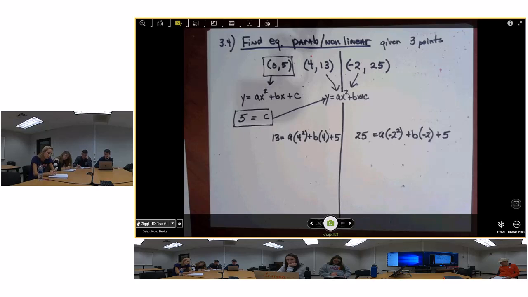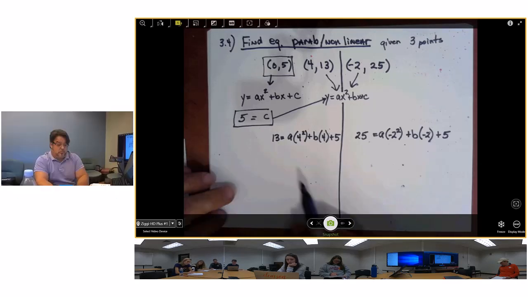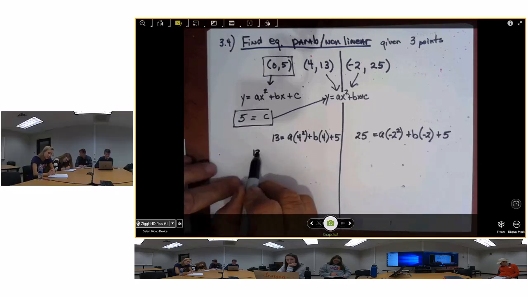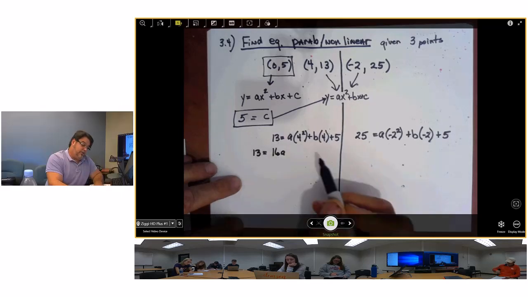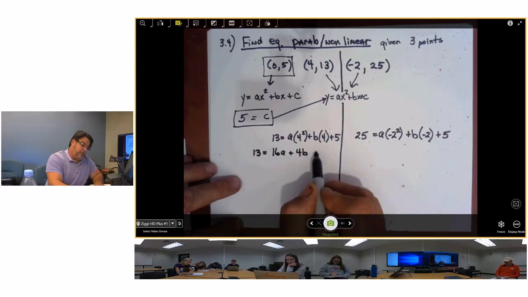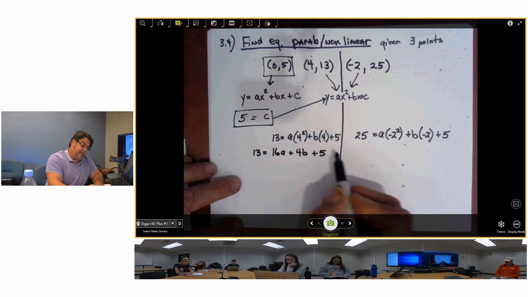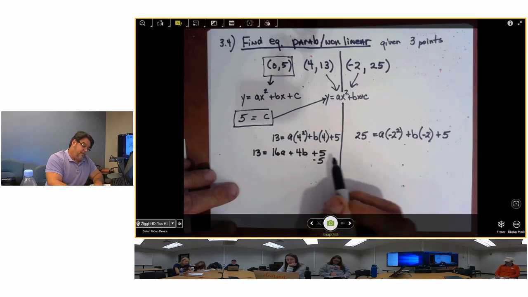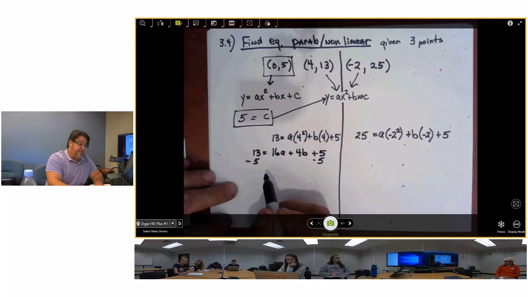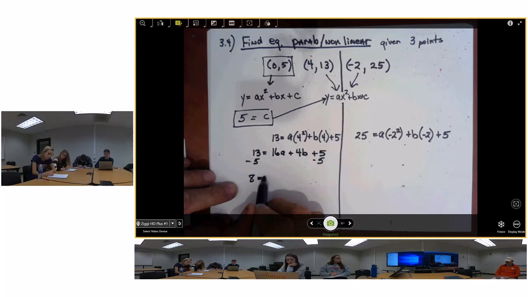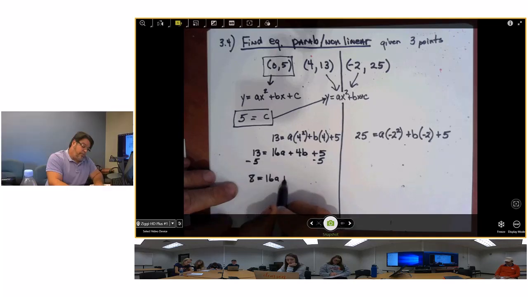So on the left, I get 13 is equal to 16a plus 4b plus 5. Minus 5, minus 5. 13 minus 5 is 8. 8 is equal to 16a plus 4b.